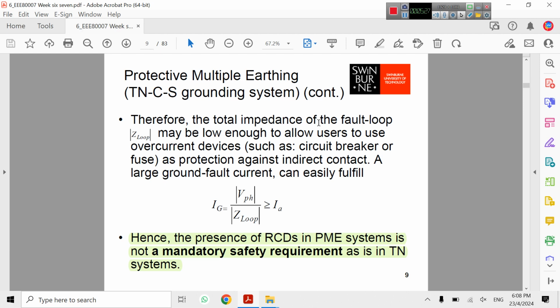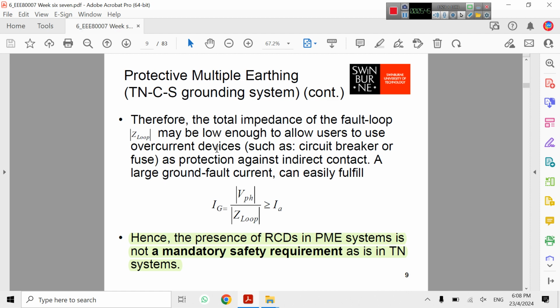Therefore the total impedance of the fault loop, Z loop, may be low enough to allow the overcurrent device to operate. So if the fault current is very high, an MCB or fuses can operate.